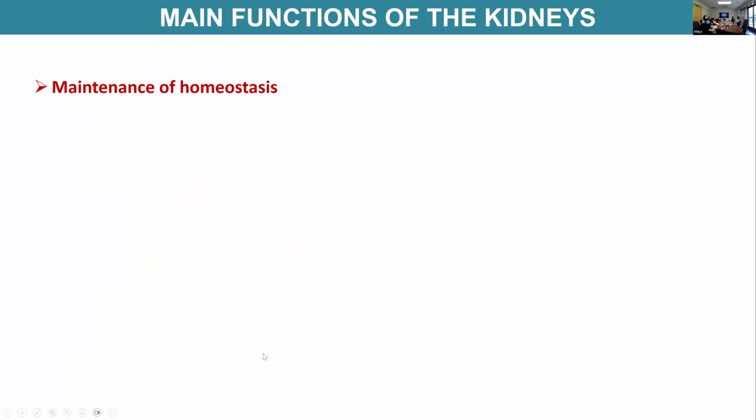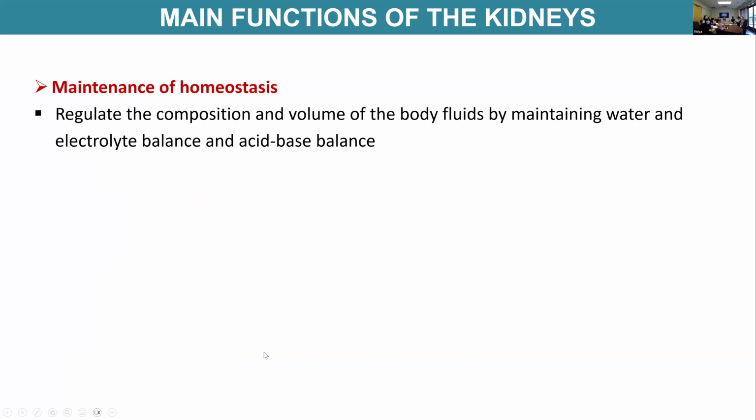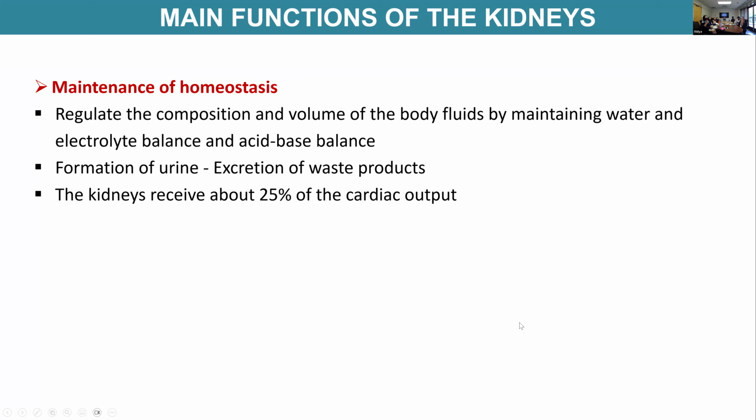The main function of the kidney is to maintain body homeostasis, and this is done by regulating the composition and volume of the body fluids, by maintaining the water and electrolyte balance, and also the acid-base balance. It forms urine and thereby enables the excretion of waste products.